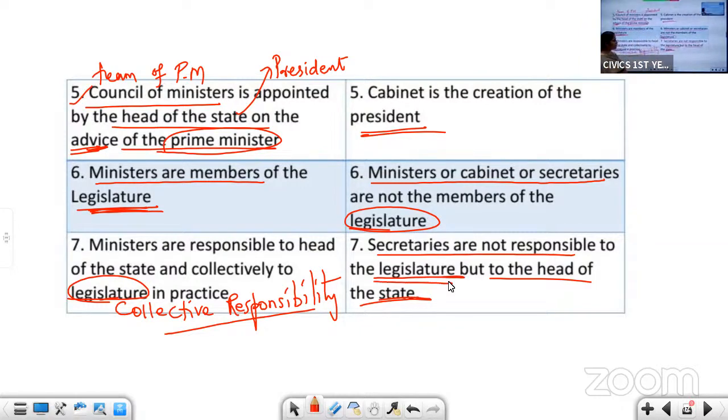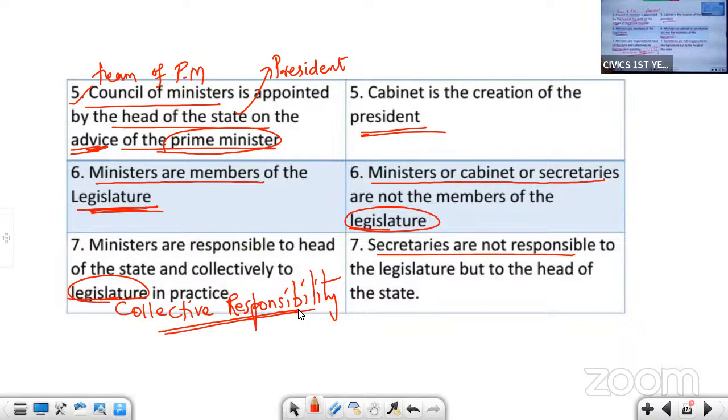They are not answerable to the legislature, but they are answerable to the head of the state, that is the president. Okay, I hope this is clear. So in the parliamentary form of government, there is the principle of collective responsibility. In the presidential form of government, you don't have this principle of collective responsibility.